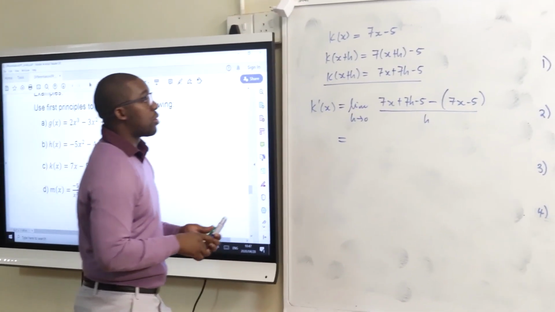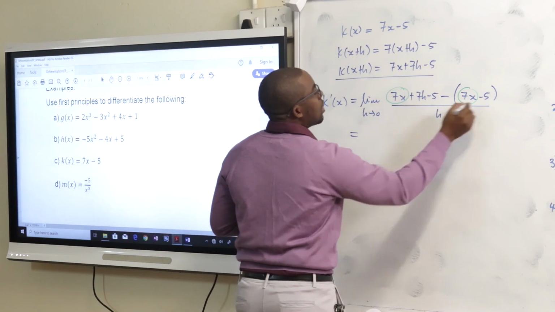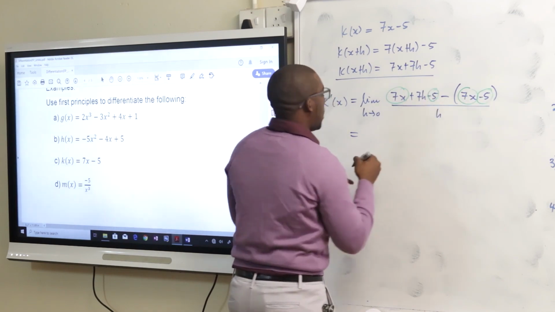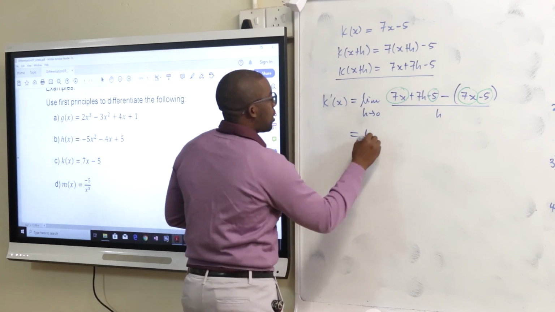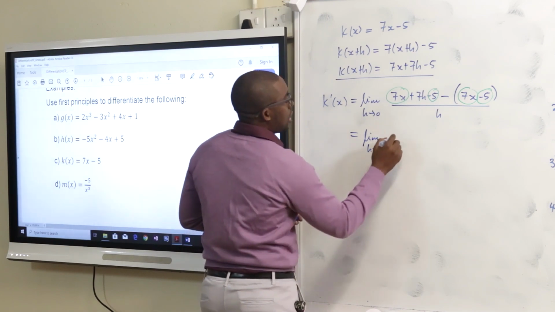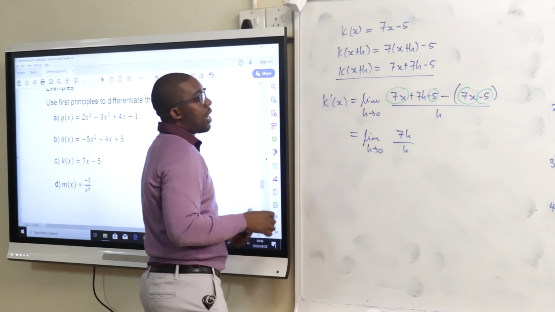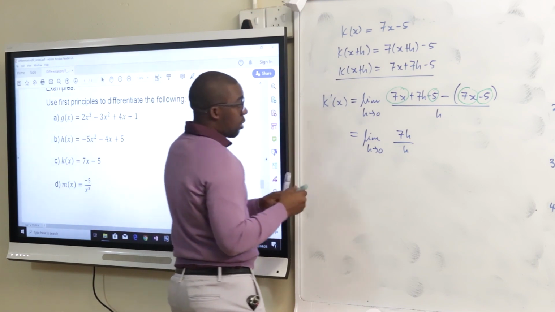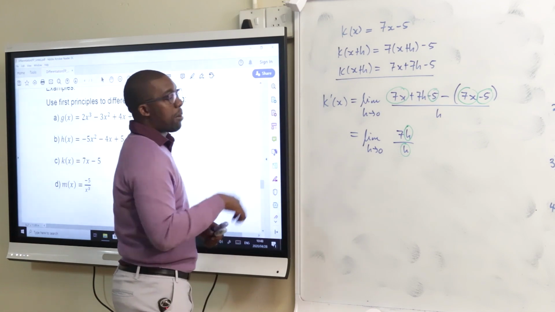Step number 2, we're going to cancel terms from the original. This will cancel that. This will cancel that. What are we left with? We have the limit as h approaches 0, and this is just 7h over h. The h's are going to cancel. That was step number 3.